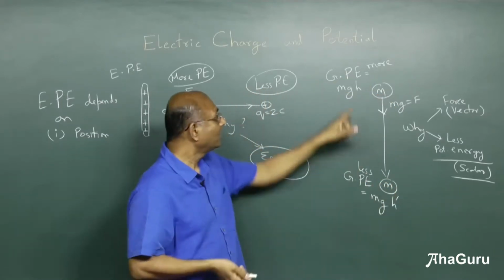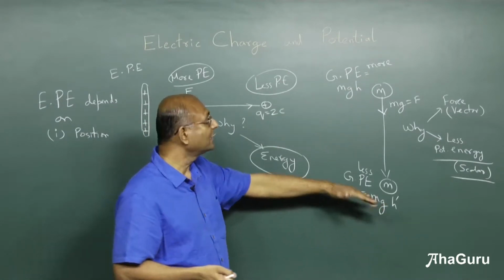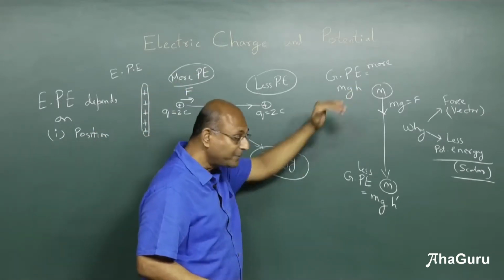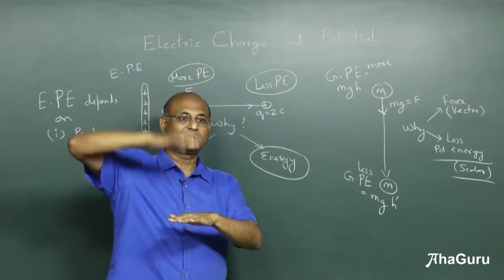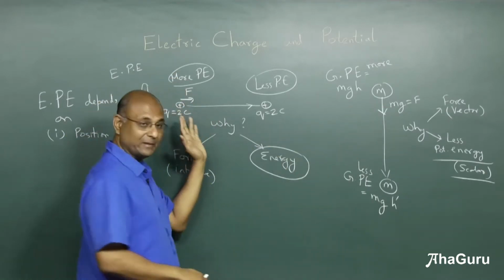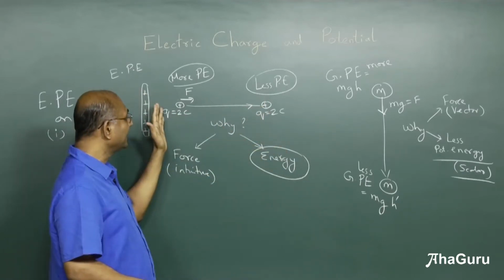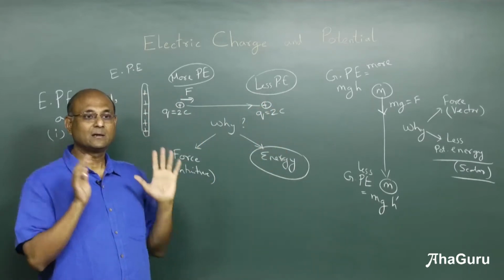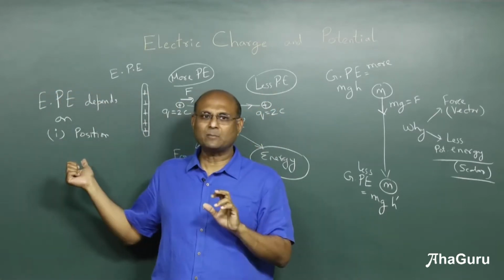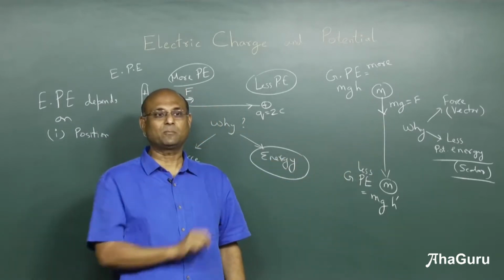Mass did not change, but this potential energy is more, this potential energy is less. Why is that more? Oh, because height is more. So it depends on the location, height. The more the height, the more the gravitational potential energy, right? The same way here also, basically different points will have different potential energy. How exactly it will depend on position, we will study that. But right now, I want you to understand that it depends on position.